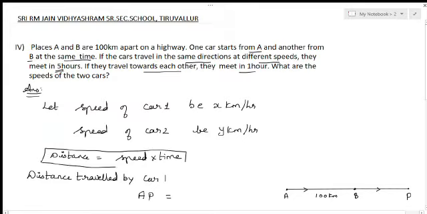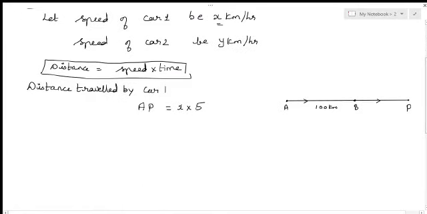What is the speed of car 1? Here we have considered it as x. So x into time taken as 5 hours, so we can write AP equal to 5x. Now let us find out distance travelled by car 2.